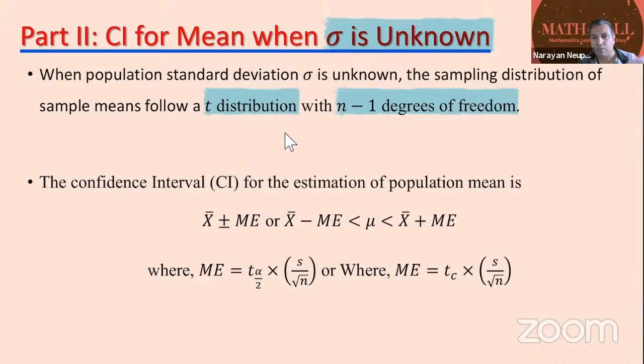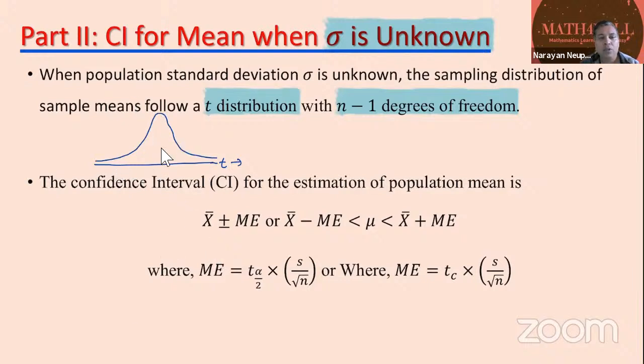Your t distribution will look similar to the z distribution, but the difference is, if I try to draw the t distribution with t values along the x-axis, just like the z values, let me redraw it. You'll see that the diagram will be a little bit taller compared to the z distribution.